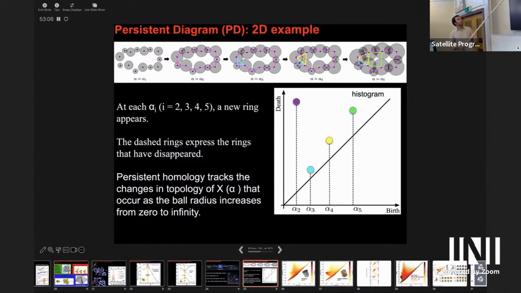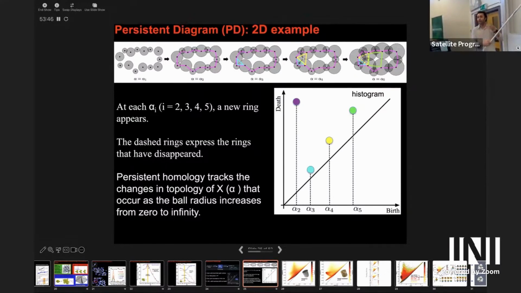So imagine you start with these dots, black dots, as the centers of your packing, for instance. This is a 2D representation. So persistent homology essentially filters from 0 radius to infinity and basically forms a circle around each point and continuously increases this radius all the way to infinity, and along the way tracks what kind of loops, for instance, are formed, okay? So at alpha equals 2, for instance, radius alpha 2, you form this large loop, and you realize that you are actually capturing this loop that goes beyond nearest neighbor.